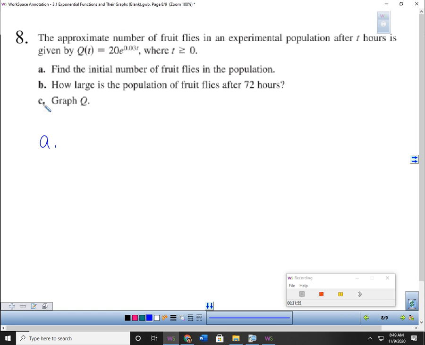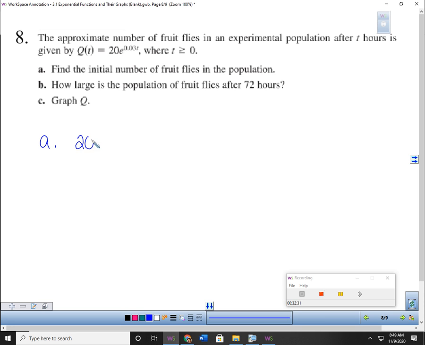What amount of time would have passed in the very beginning of an experiment? No time, right? Like my initial number of fruit flies that I have is when time has not moved, okay?